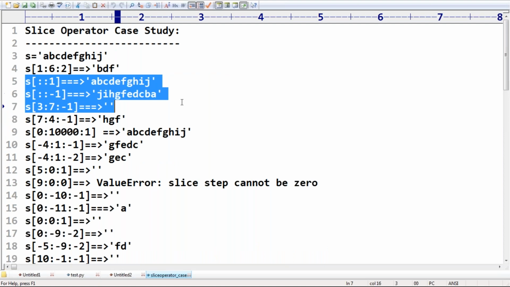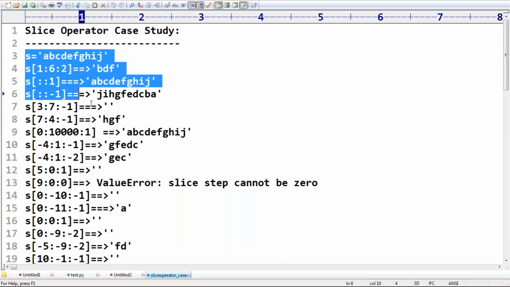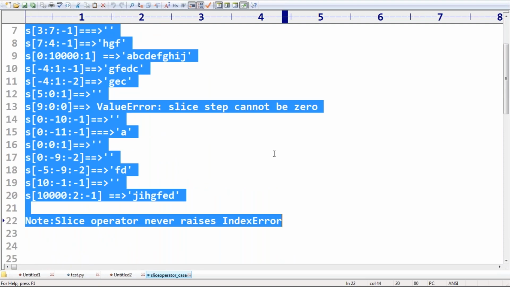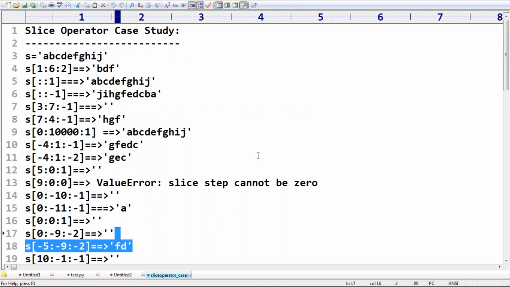Here 3 7 minus 1, 7 4 minus 1. After completing this session, execute this code and analyze it, then you can get much clarity about this. It is not there in our material. Even tomorrow when I share the material, it won't be there. That's why please save this case study.